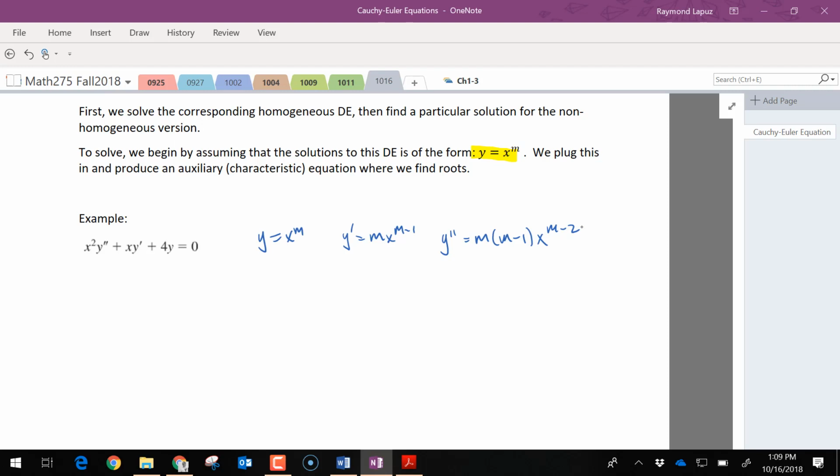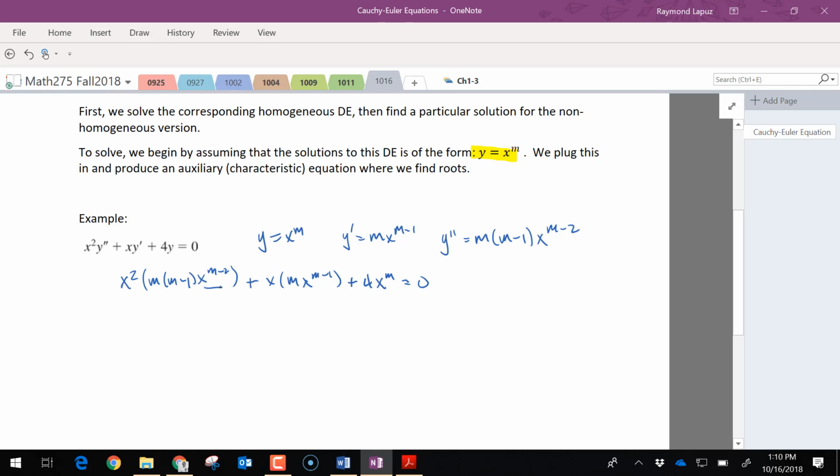And the nice thing about this is that after you plug it in, you'll see x to the mth power all matching up in each of those terms that you can factor. So we have x squared times m times m minus 1 times x to the m minus 2 power, plus x times m x to the m minus 1, plus 4 times x to the mth power is equal to 0.